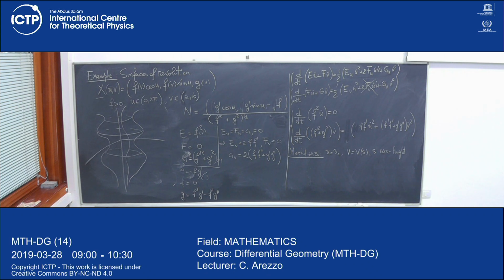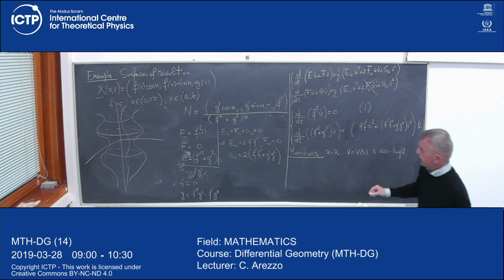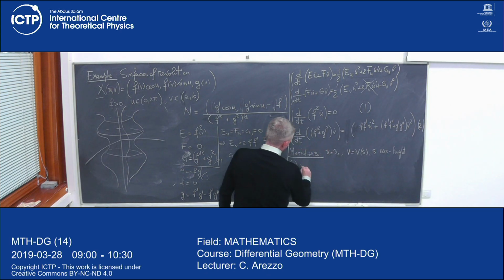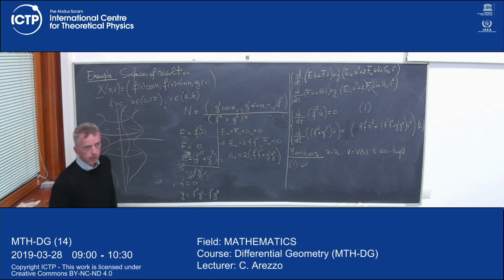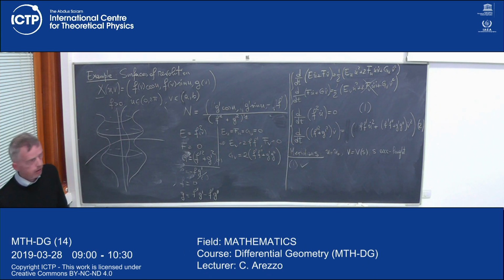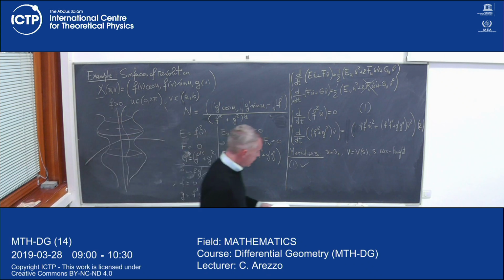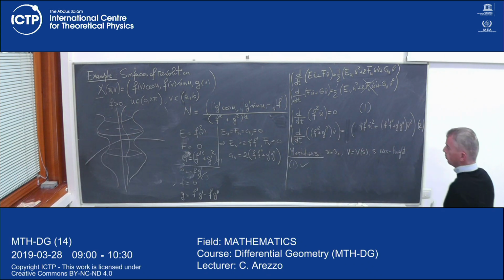Now, what happens if I start assuming this? Let me call this equation 1 and this equation 2. Of course, equation 1 becomes obvious, because u dot is equal to 0, whatever f is. Now the claim is that also equation 2 is okay. But how do we argue that?